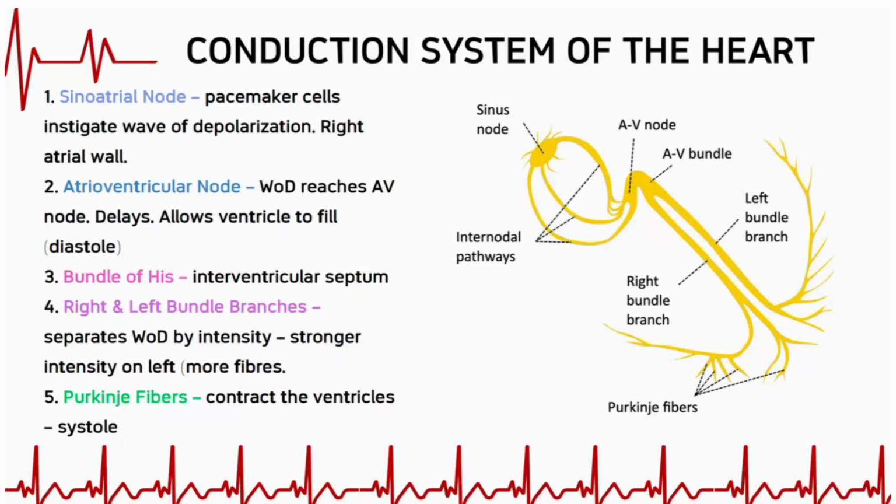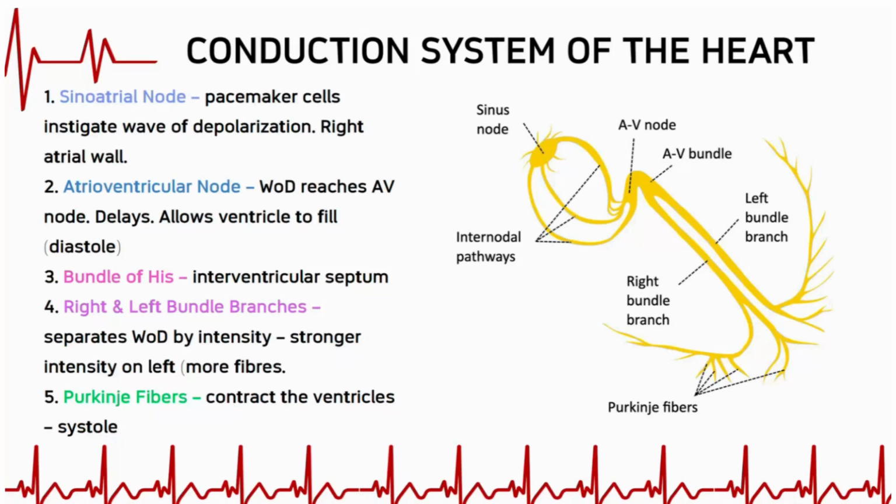This delay is crucial to allow the ventricles to fill properly in a process called diastole. This delay at the AV node junction is crucial for the filling of the ventricles during diastole.